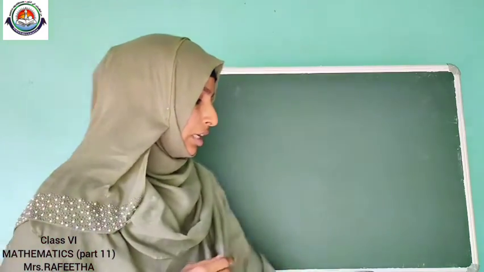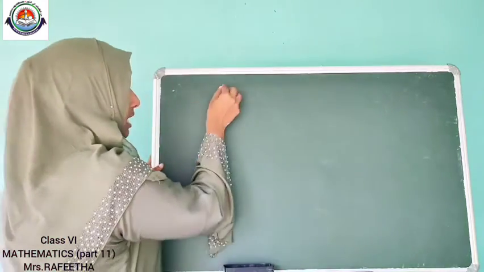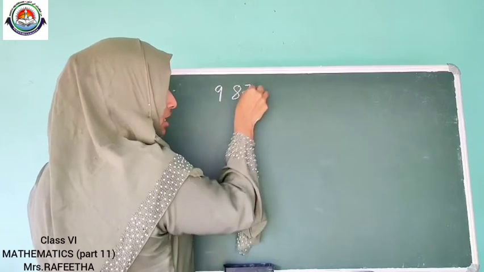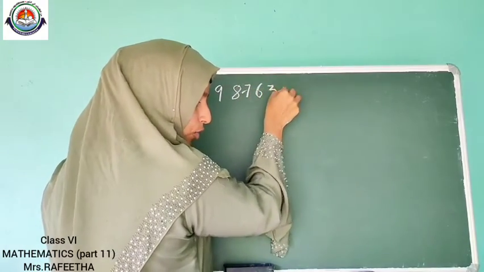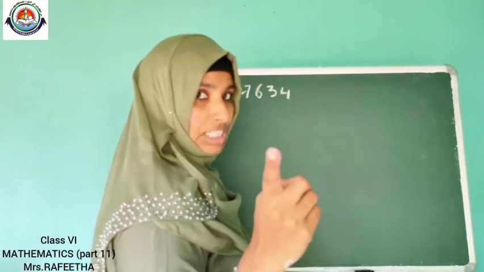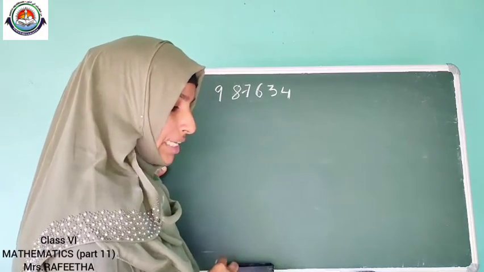So, you don't want to bother about that. While we are understanding the question, the headache will go. So, first sentence, from 9,87,634, from this, subtract the largest 5-digit even number. So, what is the largest 5-digit even number?